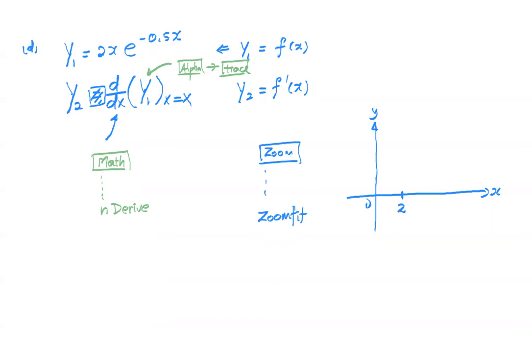Agree with me or not? Because just now we know when x equals 2, f prime 2 is equal to 0, correct? Am I right? That is the meaning of the stationary point of f x. Okay, so does your graph look like this?